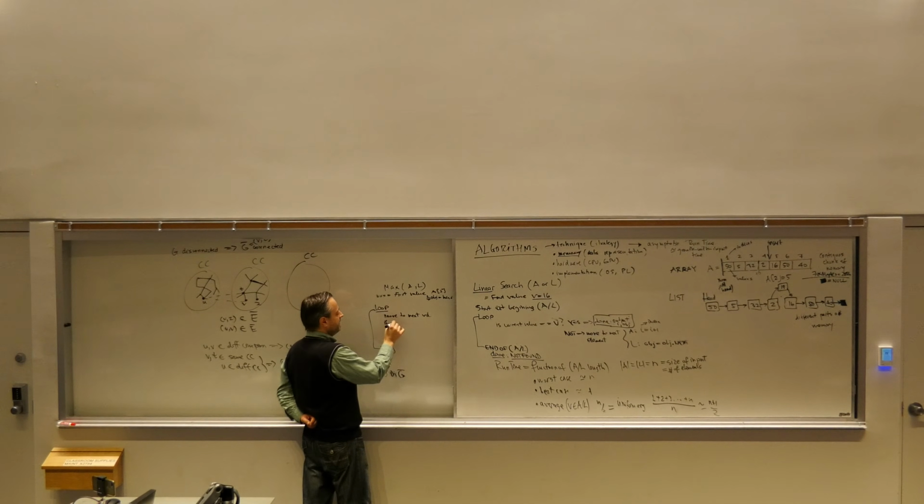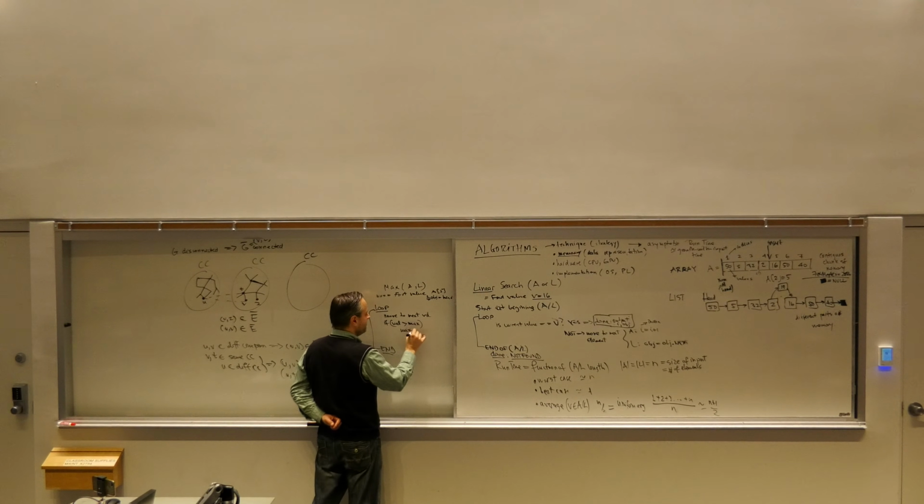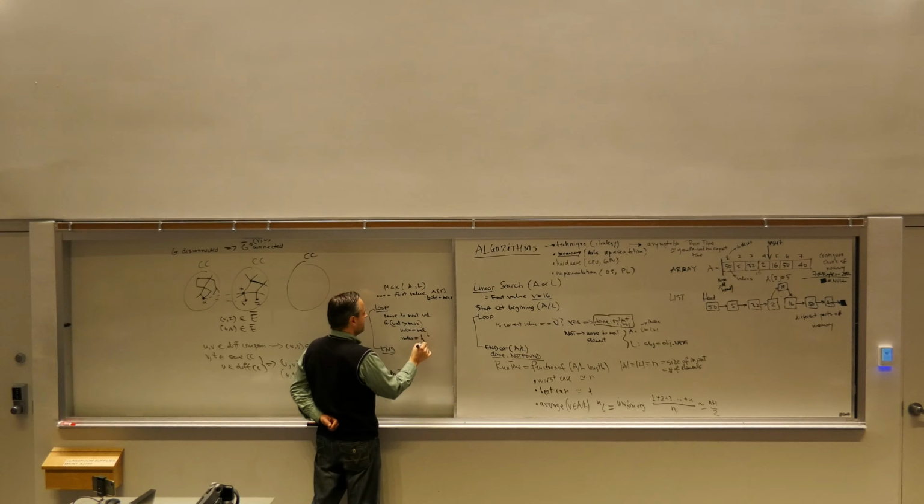If the value I'm reading now is bigger than my current maximum, I have to update my maximum. Maximum is the value, and the index: it's either the current i, so i goes to i plus 1, or object goes to object next.